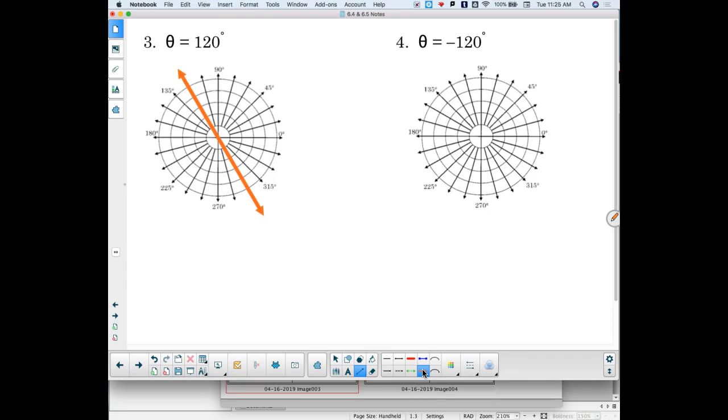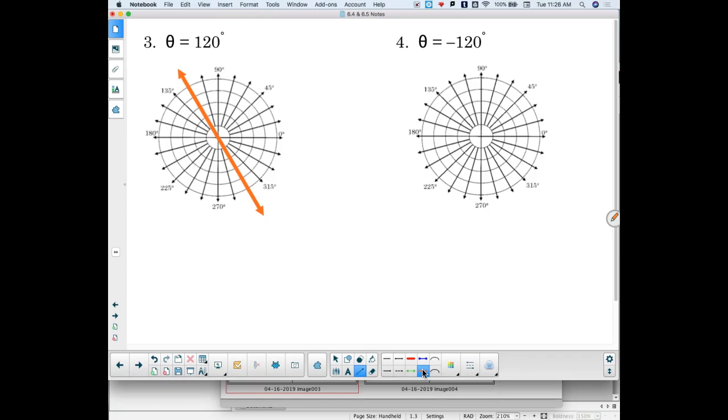Okay. Theta equaling negative 120 degrees. Not the same thing. What's it going to look like? Line through the pole.